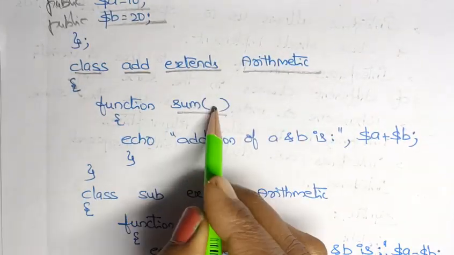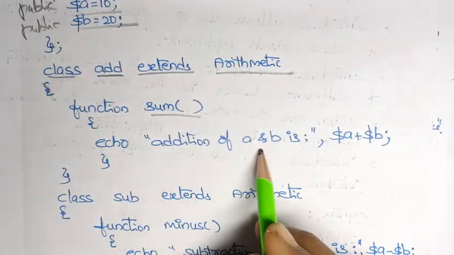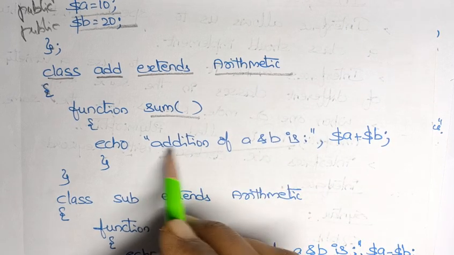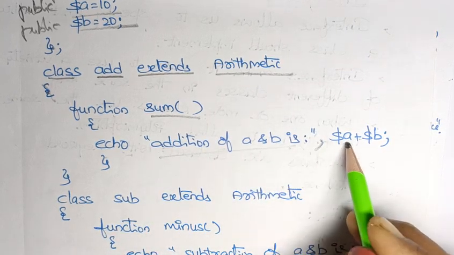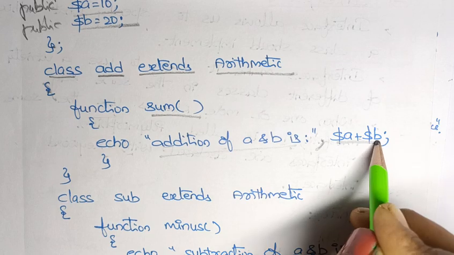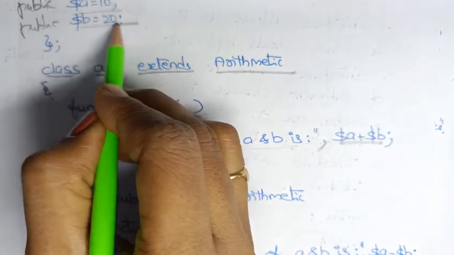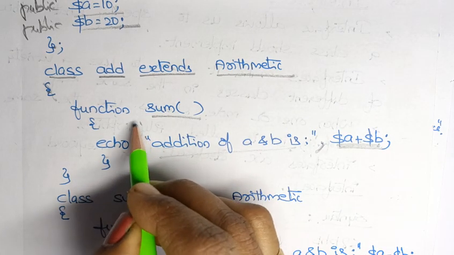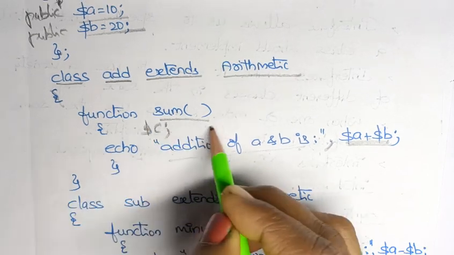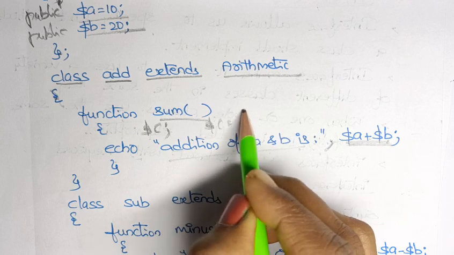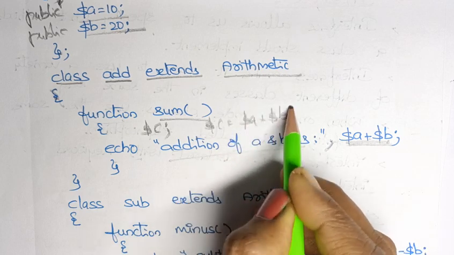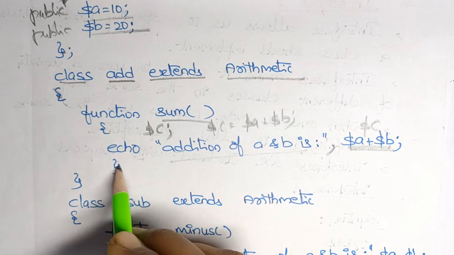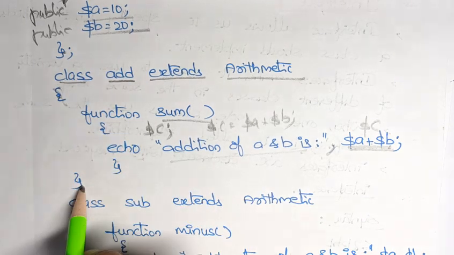So here function sum, echo, within the double quotes I am printing a message like addition of A and B is, comma $a plus $b. So I am adding the two variables. Otherwise you can write like this also, $c is equal to $a plus $b. Here you can write $c. Anyway you can write, no problem. Next the function is closed, next the class is closed.